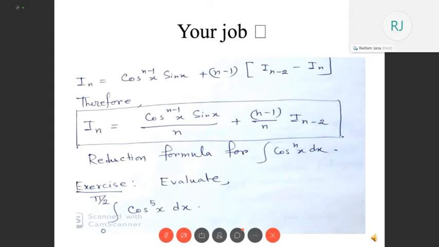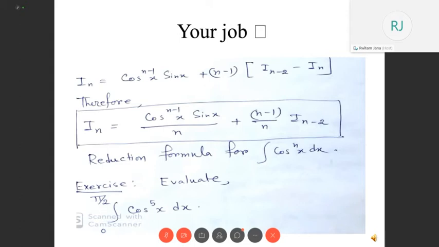Here also this reduction formula depends on n greater than or equal to 2, as there is a term I suffix n minus 2. So you cannot put n equals to 0 or n equals to 1 in this reduction formula. To calculate the I0 value or I1 value, you can put n equals to 0 or n equals to 1 in your original equation, where In is equal to integration cos to the power nx dx.